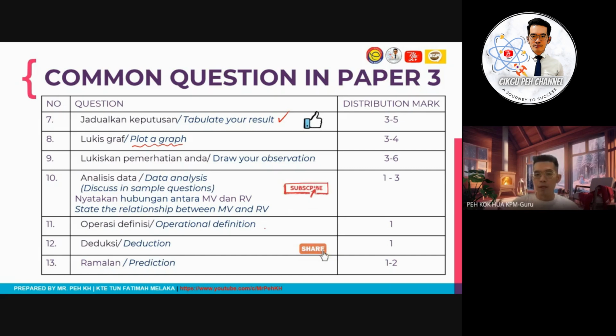You may refer to my previous video on how we write the operational definition, deduction, and also the prediction. So in today's video, I'm going to teach you how to get full marks for the tabulation question, together with how we plot the graph, and the many questions about data analysis in this sample question, and then also the last prediction.